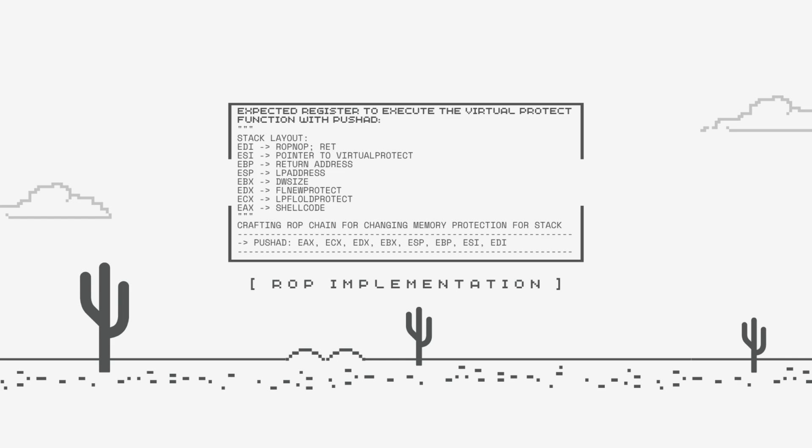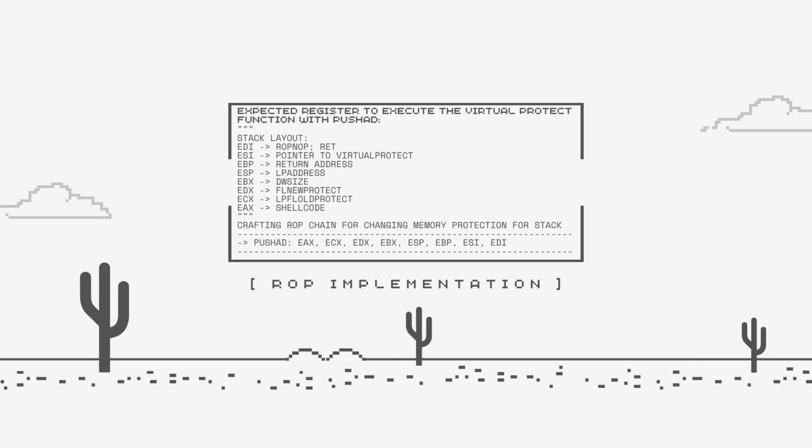EBX contains DW size, size of shellcode. EDX contains FL new protect, 0x40 equals PAGE_EXECUTE_READWRITE. ECX contains LPFL old protect, pointer to writable memory. EAX contains the shellcode address, to jump to later.